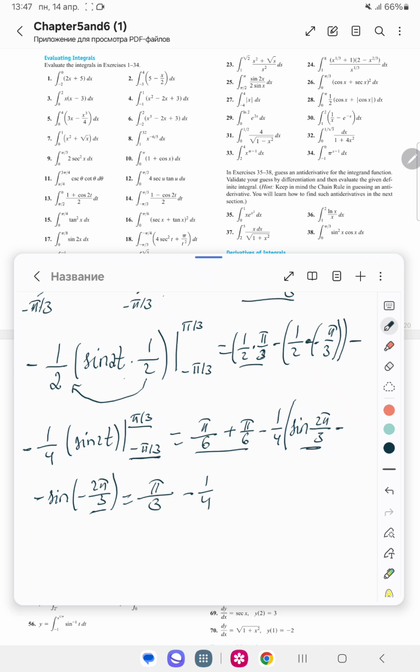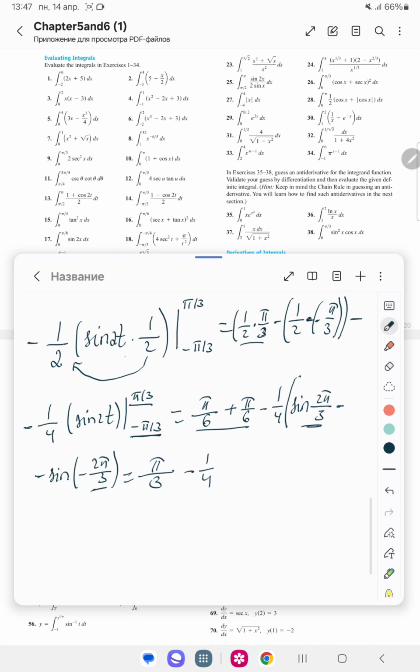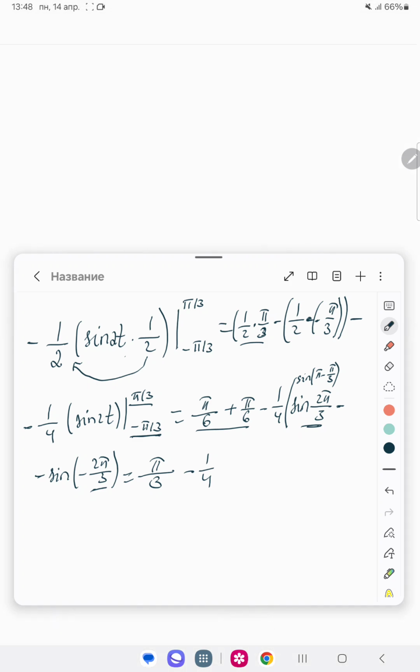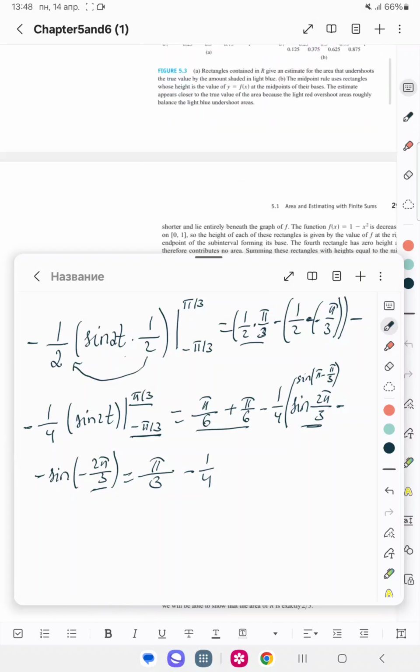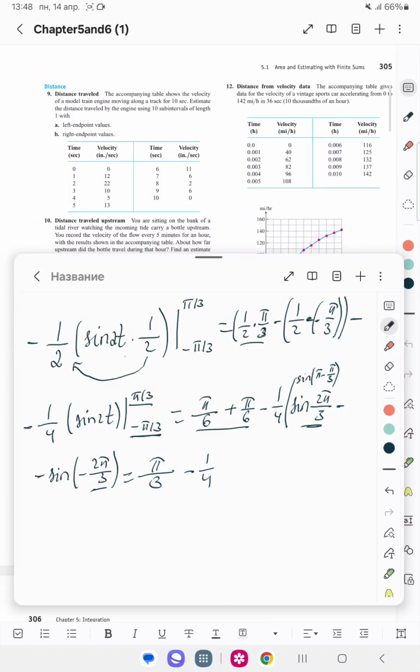Minus 1 over 4. So sine 2 pi over 3, we can write this one as sine of pi minus pi over 3, where we will get square root of 3 over 2, positive.